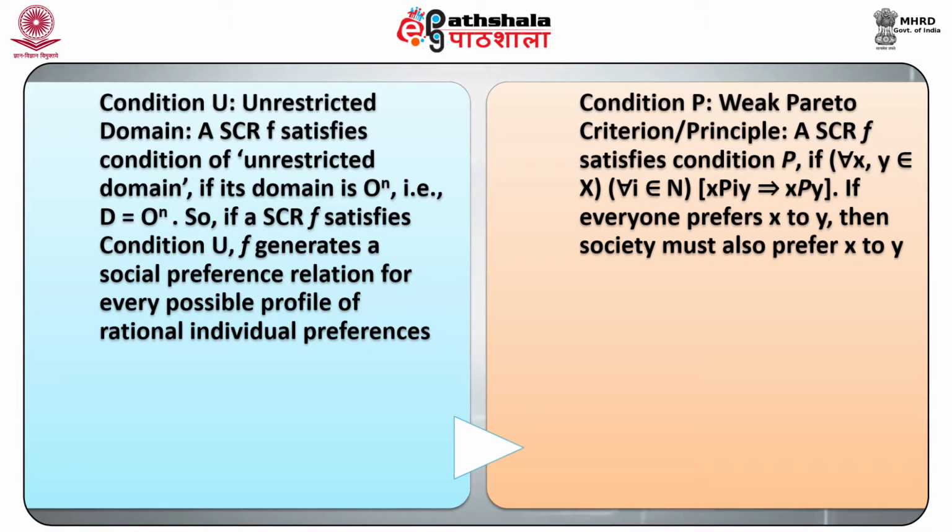Condition P, weak Pareto principle. A SCR f satisfies condition P if for all x and y belonging to X and for all i belonging to N, x Pi y implies x P y. If everyone prefers x to y, then society must also prefer x to y.